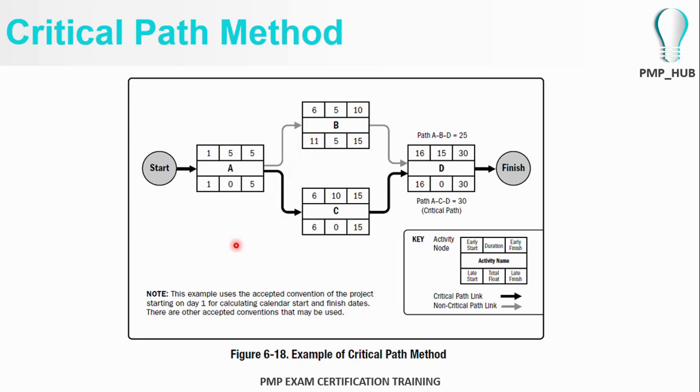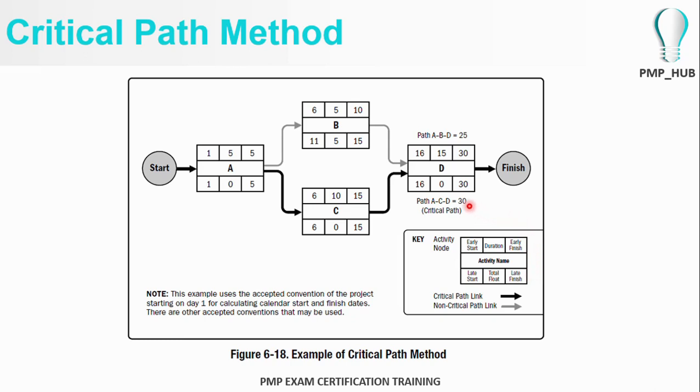If you remember, under sequencing activities, we explained the float is calculated as the difference between the early start date and the late start date, or the difference between the early finish date and the late finish date.